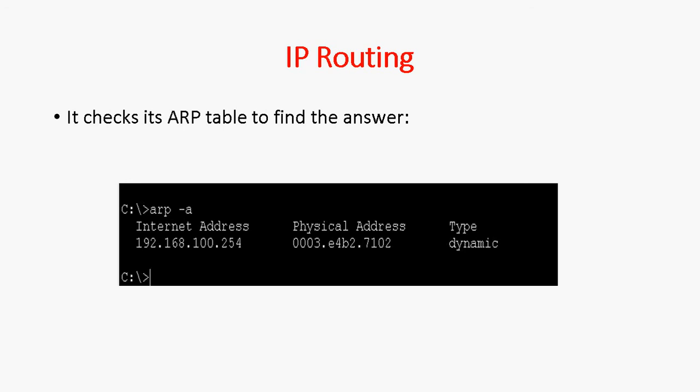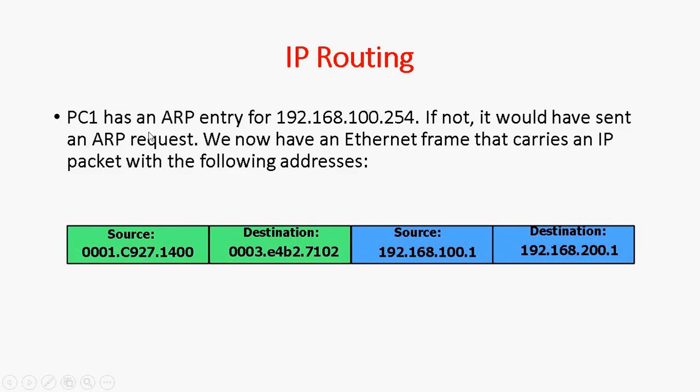Here I have an entry in ARP for the default gateway. My default gateway is 192.168.100.254, and this is the MAC address of my default gateway. PC1 has an ARP entry for 192.168.100.254. If not, it would have sent an ARP request to figure out the MAC address of the default gateway.